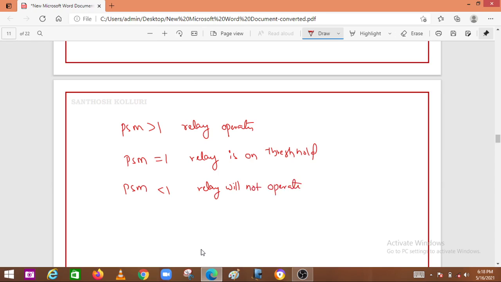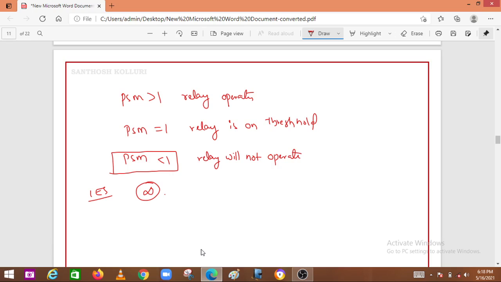Based on this, there is a question asked in the IES examination: if the plug setting multiplier is less than 1, then the operating time of the relay is dash. When the plug setting multiplier is less than 1, the relay will not operate, so the operating time will be infinity. This type of short question is asked in the examination.